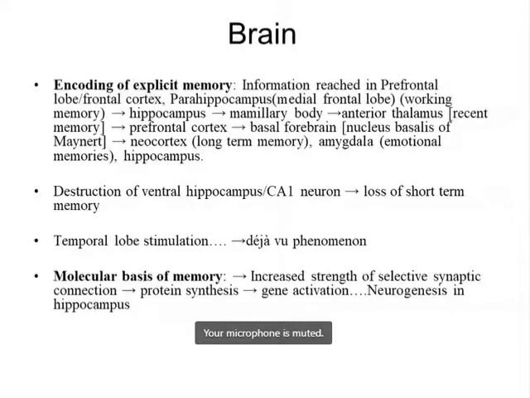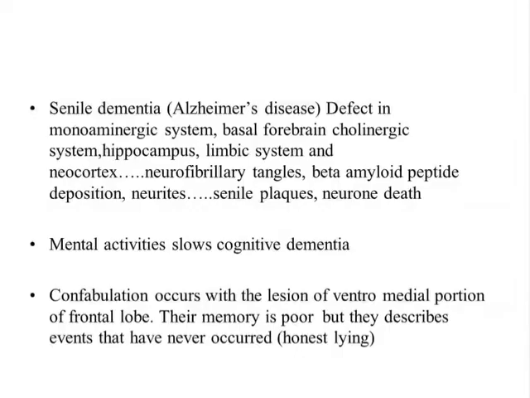Now, dementia. What is dementia? When we forget. Senile dementia is called Alzheimer's disease. Alzheimer's disease is generally seen in Americans. In Asians, it is very much less, because the American lifestyle is a very difficult lifestyle. Sometimes they are very goal oriented and body oriented, not mind oriented.